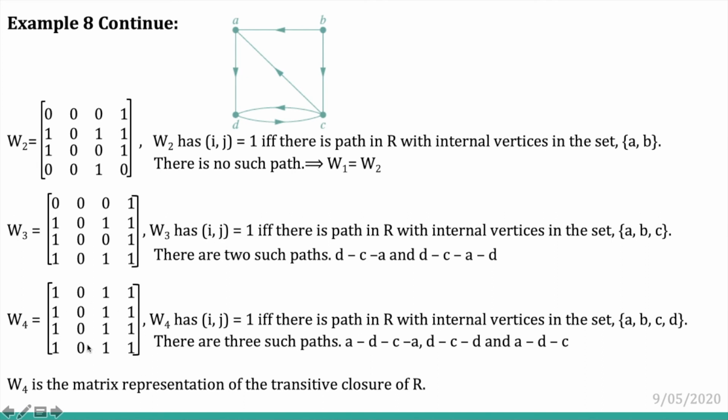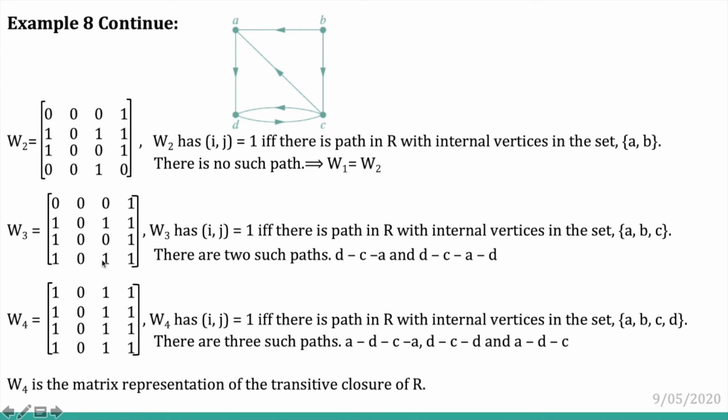In a similar way, we now derive W4, which is the matrix representation of the transitive closure of relation R. In W4, all those ordered pairs which are connected by the path having internal vertices in the set of A, B, C, D are represented by 1.